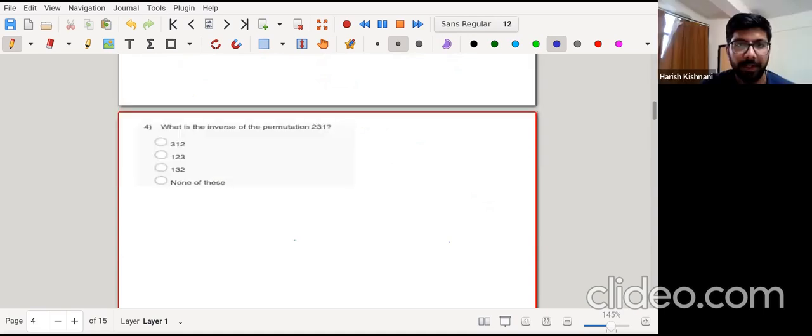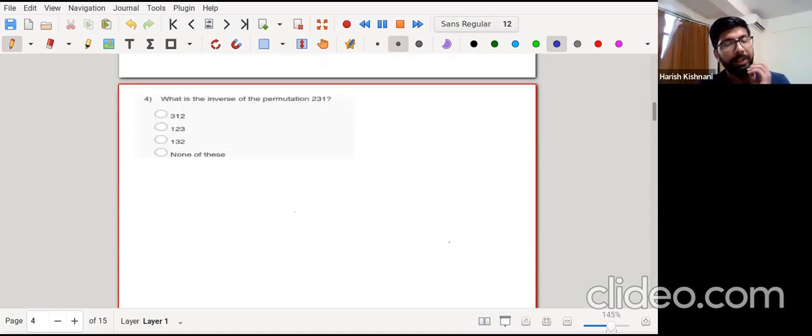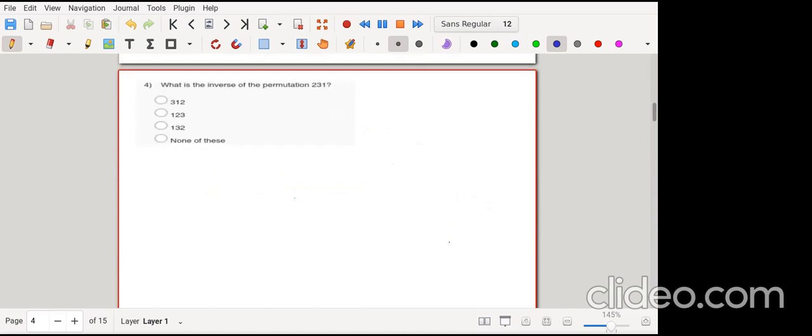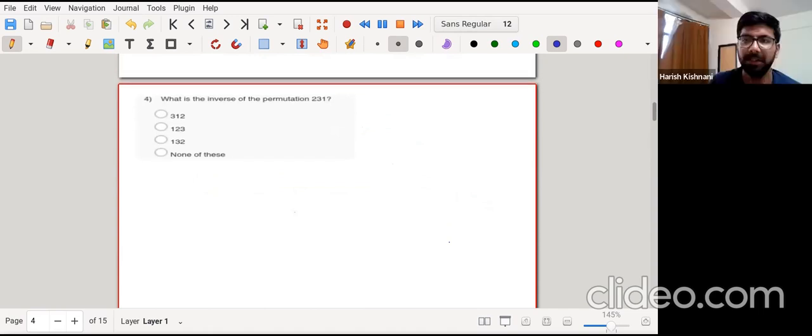What is the inverse of permutation 2, 3, 1? Inverse is something with which if you compose the permutation, you get the identity again. So it's like reversing a process.